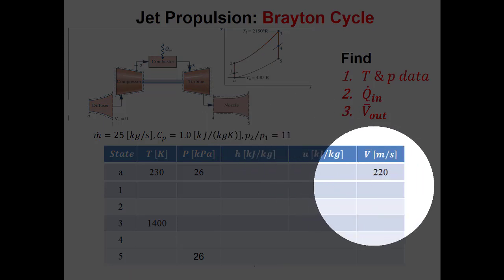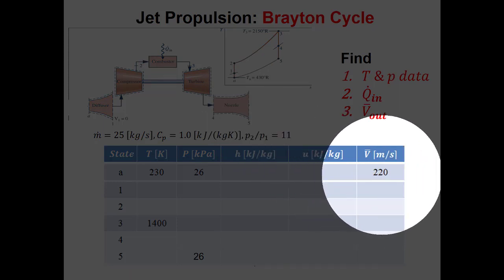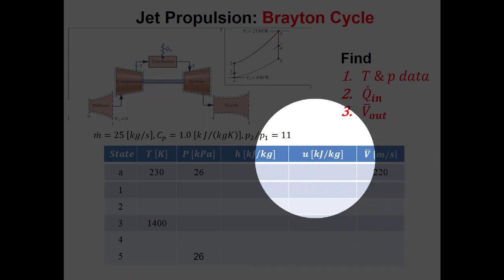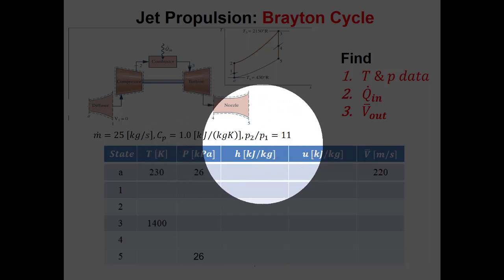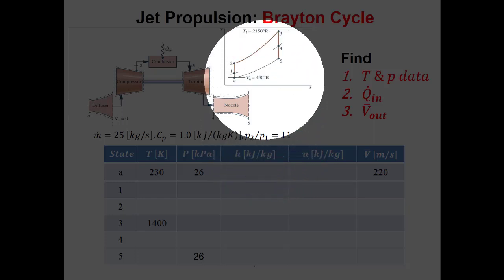We're also told here that the velocity of the jet is 220 meters per second. We're given cp for air, so we can do this problem as constant specific heat, although I'll do it both as constant and variable specific heat. And we're told the pressure ratio of the compressor as we go from state 1 to state 2.